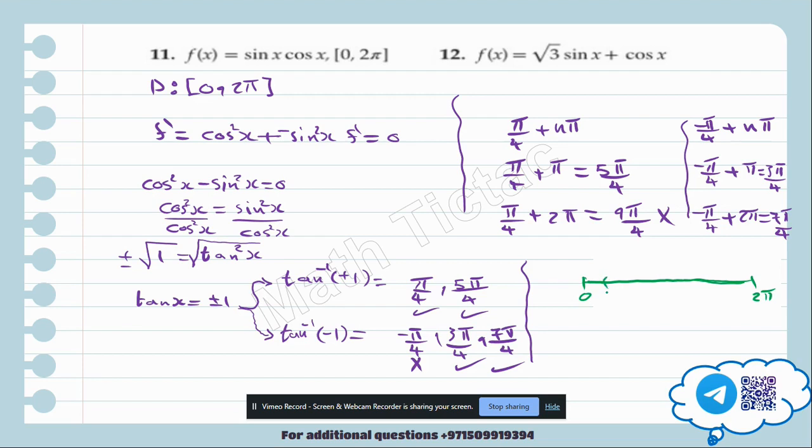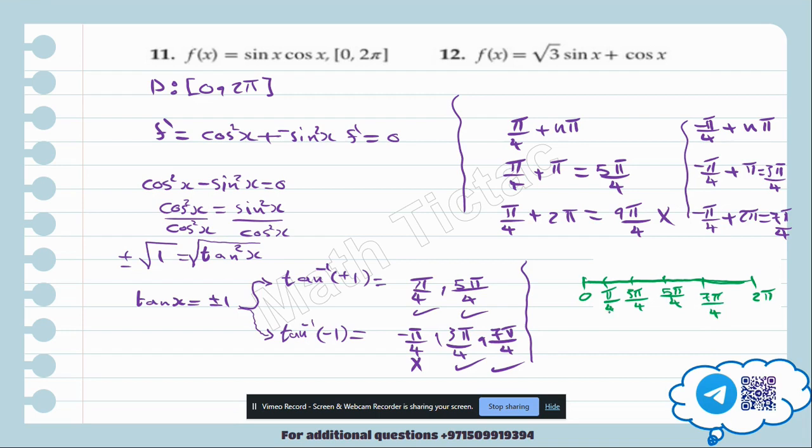Then we have to write them in the correct order. The first one is the pi over 4, and the second one is 3 pi over 4. Then we have 5 pi over 4. Then we have 7 pi over 4.